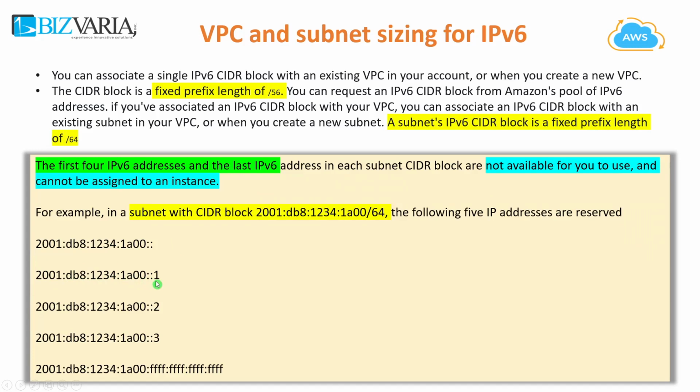This is a complete IP address like 2001:db8:1234:1:0 and then they have 4 columns here. They are 128 bits. Remember the IPv4 is 32 bits and these are 128 bits.